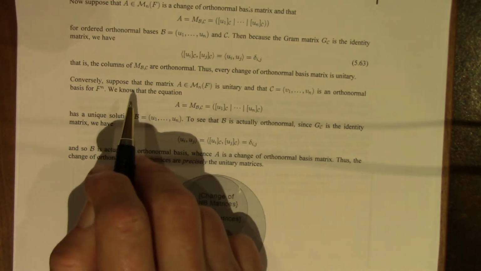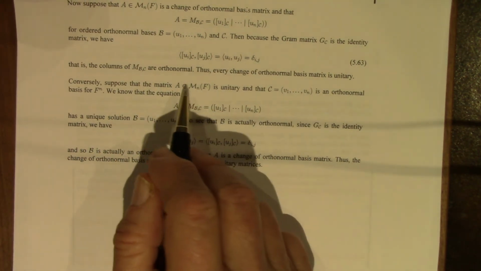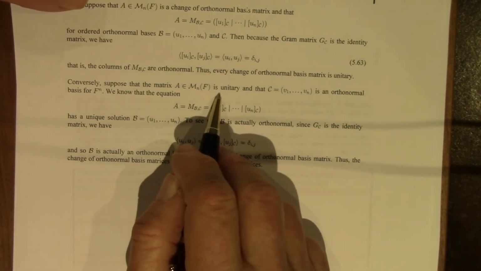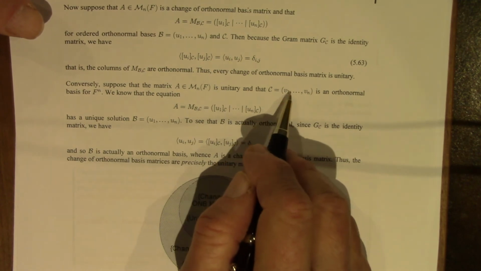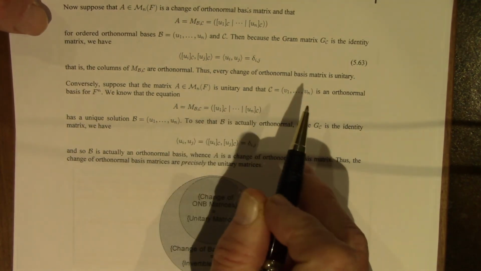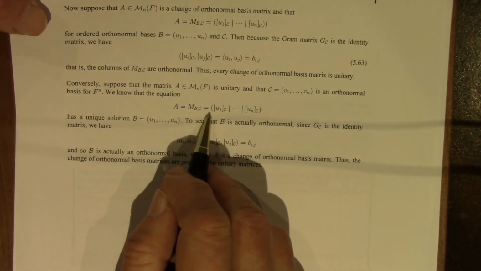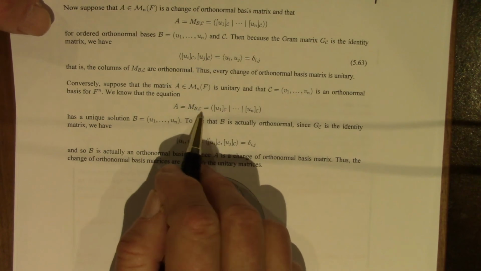The converse holds. Suppose we have a unitary matrix. You can pick any orthonormal basis C for Fn and write this equation. A is given, C is given.